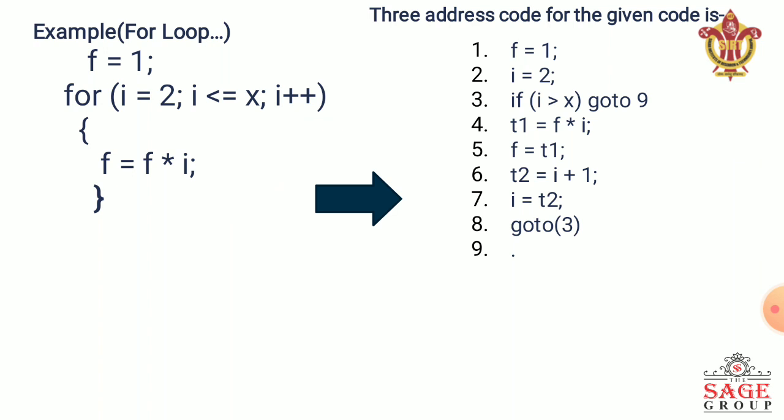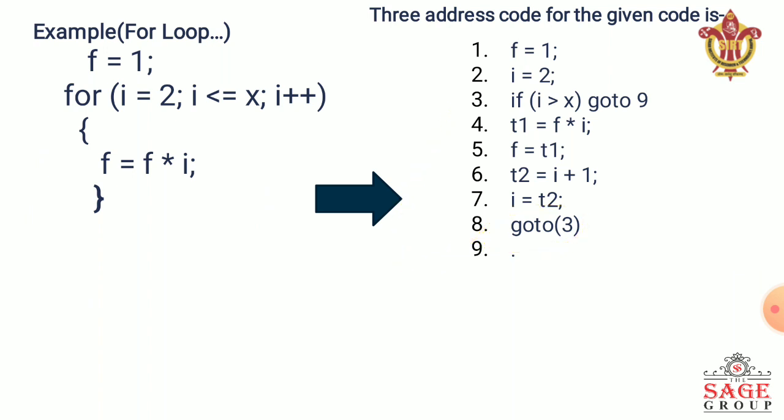For this, i plus 1 is stored in t2 and t2 is stored in i. When these statements are executed, f equal to f into i and i plus plus, we again check our for loop. So for this we write go to 3, which means we again check our condition.